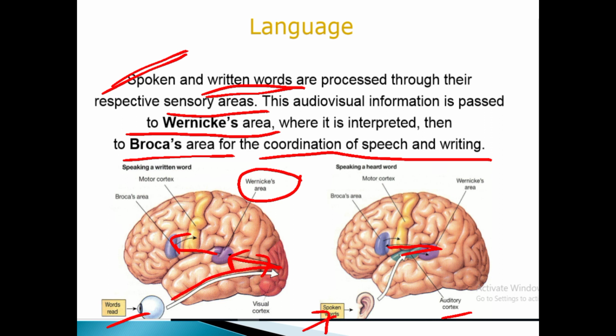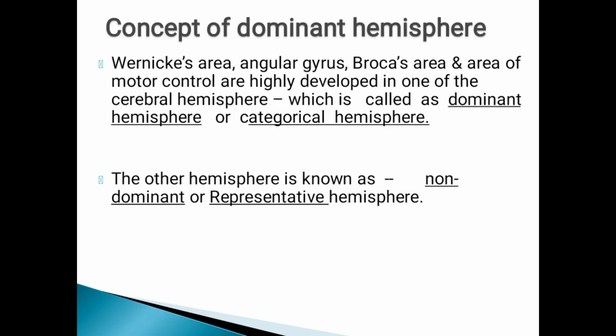Then it comes out as speaking a heard word. So if I am speaking 'class', you will hear it, it goes to Wernicke's area, then Broca's area, and from Broca's area you will tell it in the form of speech. So this is how language is developing.